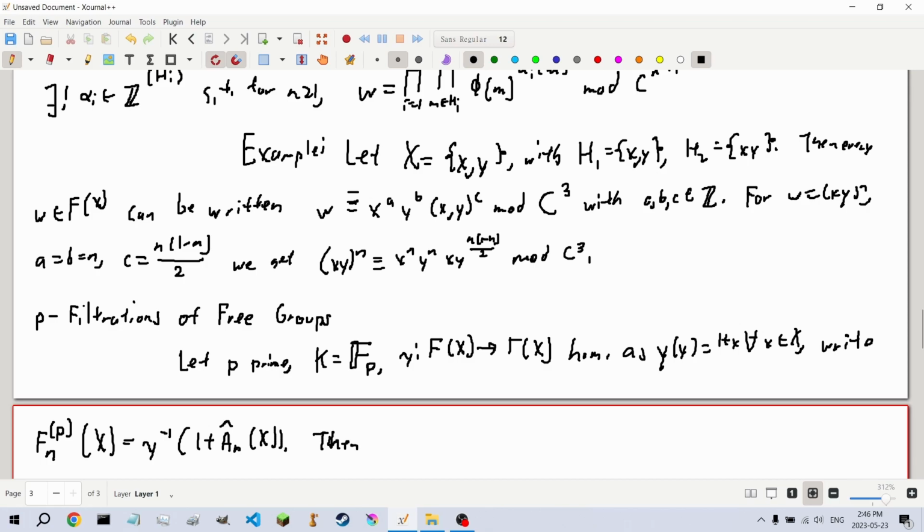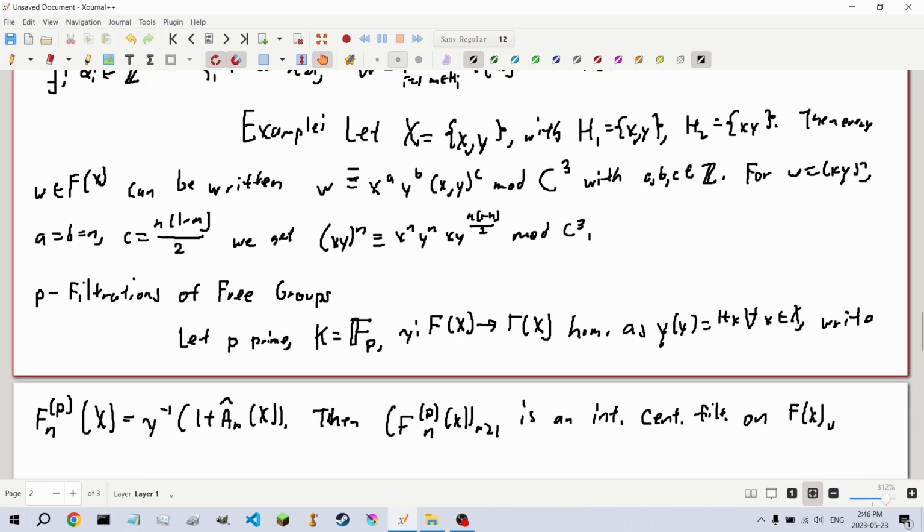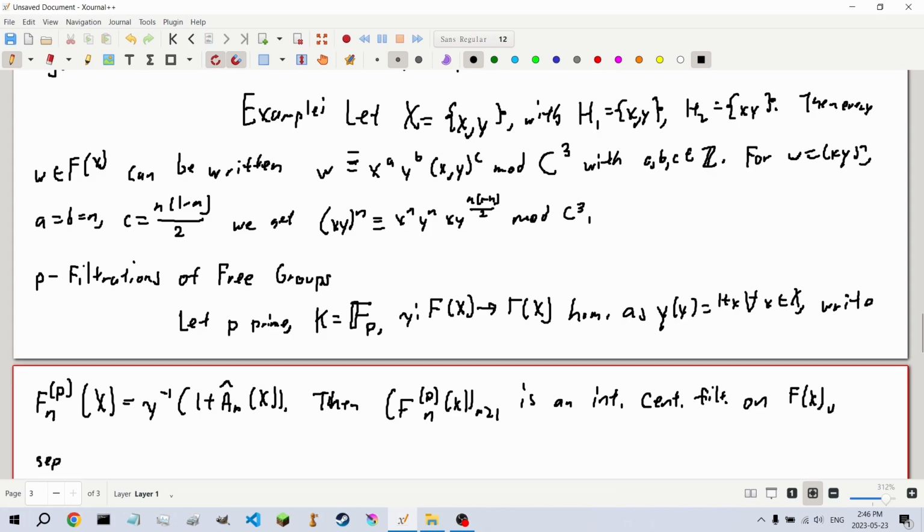Then the sequence of our F_n^p of X along n, of course, is an integral central filtration on F of X, which is also separated as gamma is injective.